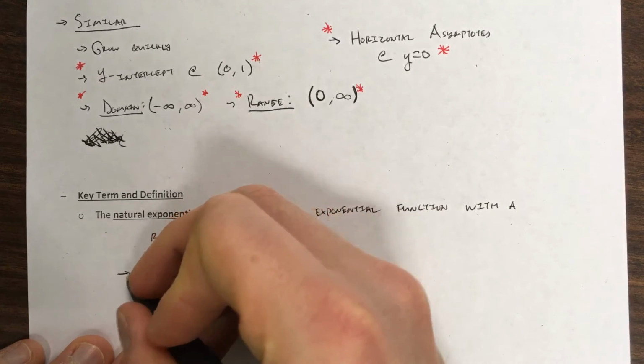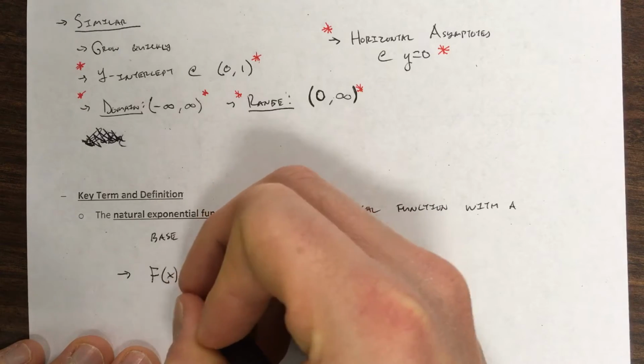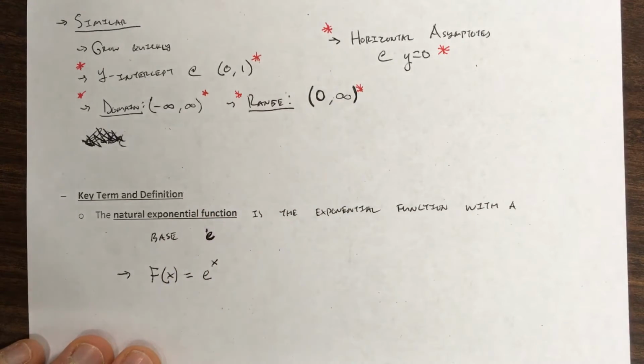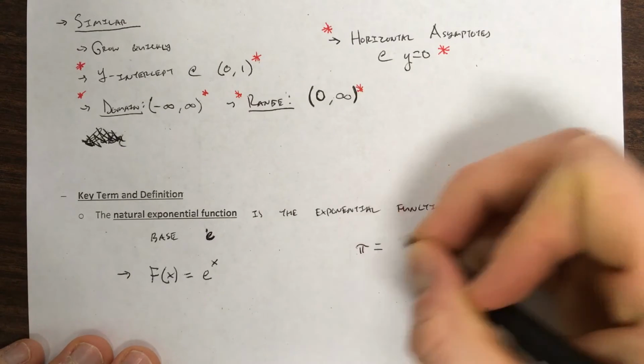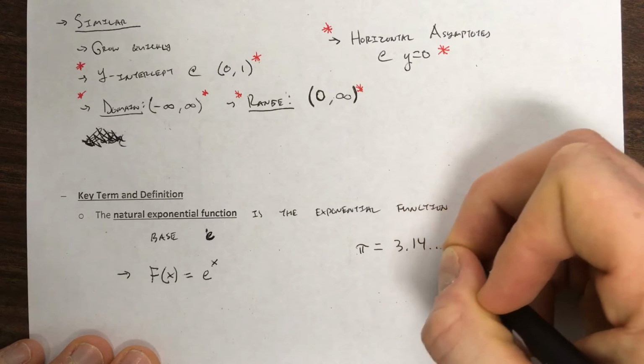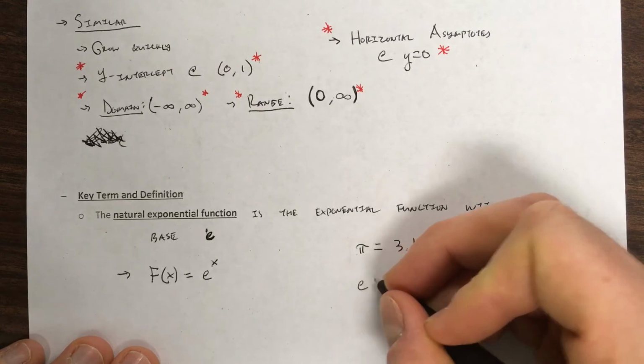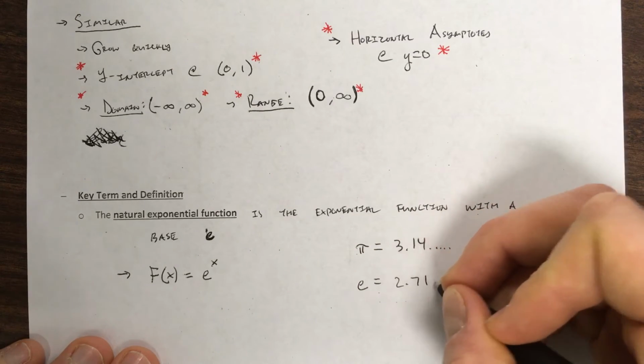So our natural exponential function looks like this. And yes, e is a number. Just like you think pi is 3.14, yada, yada, yada. If you have a calculator on your phone, probably turn it sideways, you'll see e next to pi probably. And if you hit e, you'll see that is 2.71.